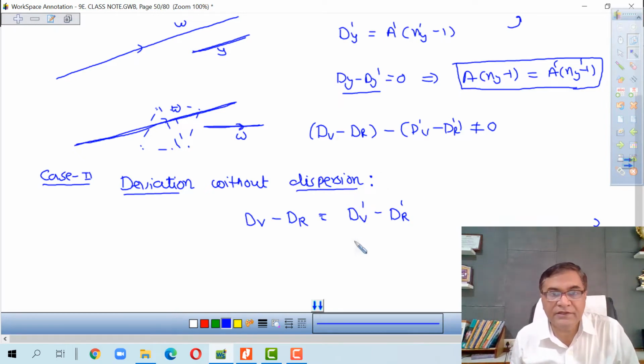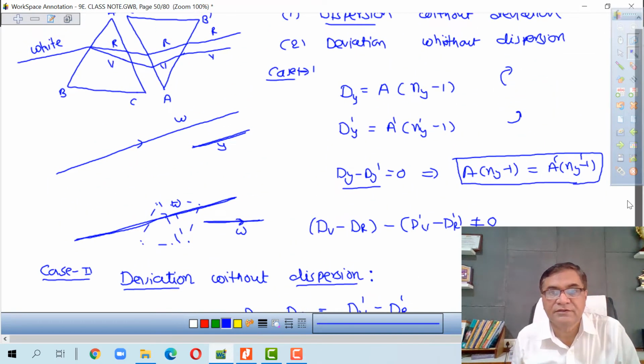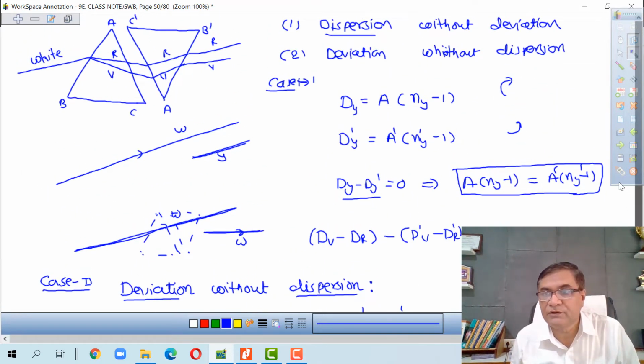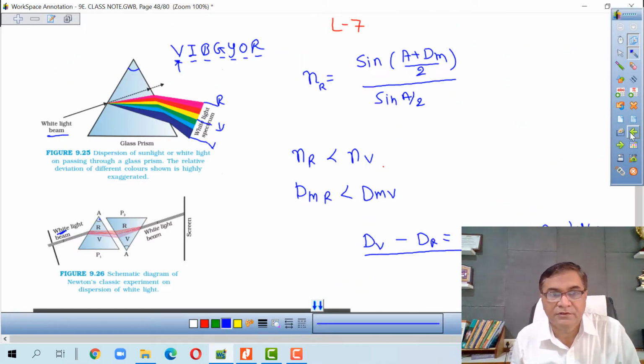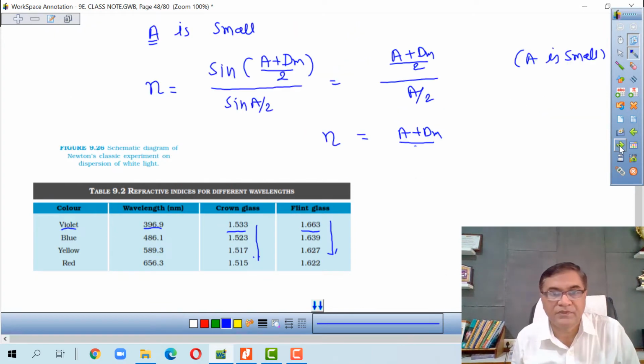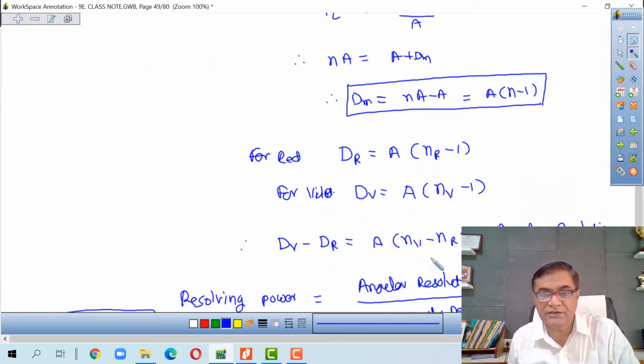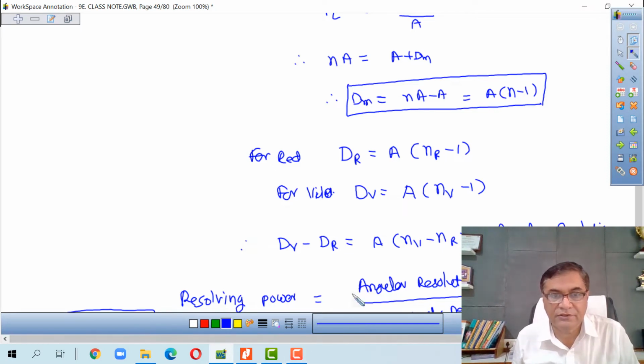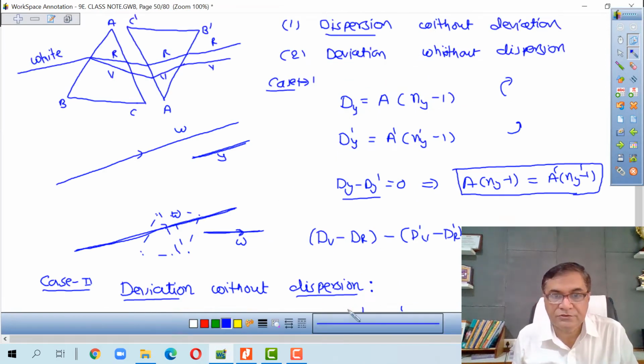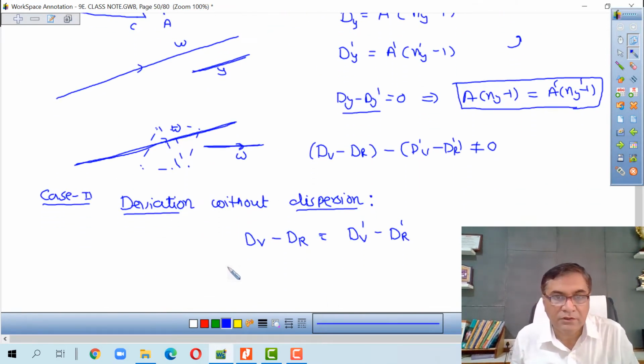But we know that dv minus dr is equal to, we already derived, a (nv minus nr). So a(nv minus nr) is equal to a prime (nv prime minus nr prime), but it is for the second prism.